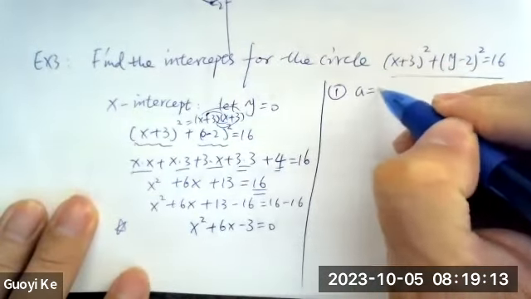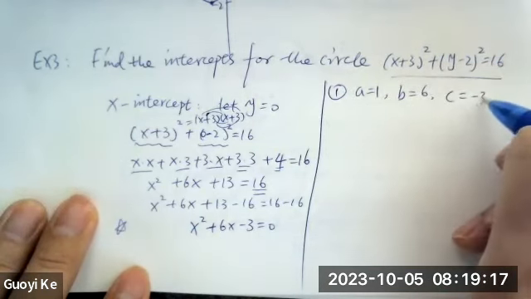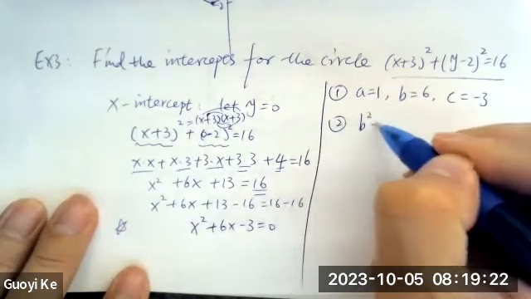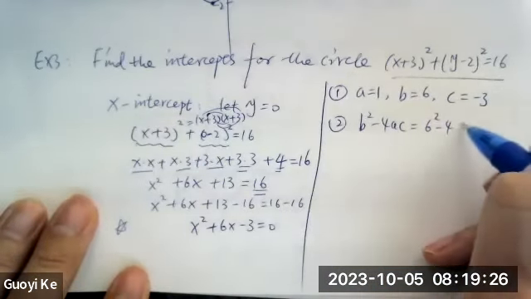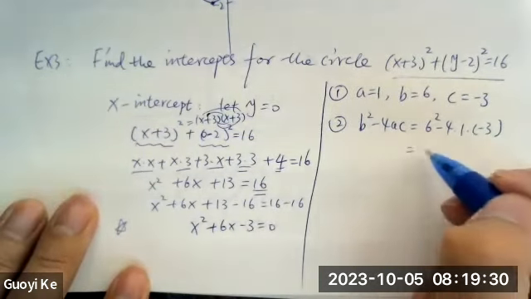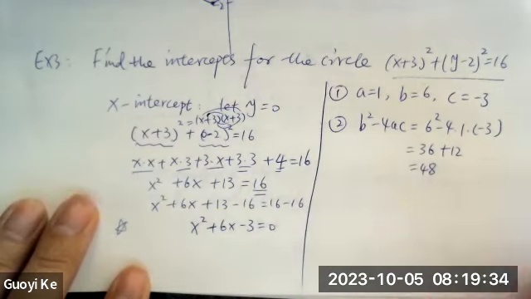The first step, A, B, C. And the b² − 4ac. Plug in: a is 1, b is 6, c is −3. 36 plus 12 equals 48.